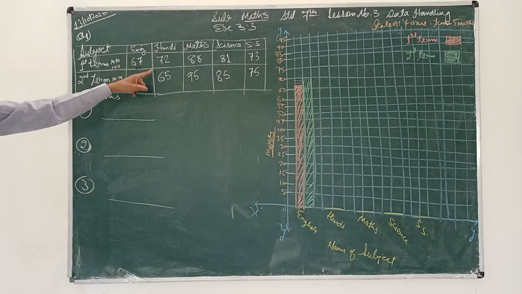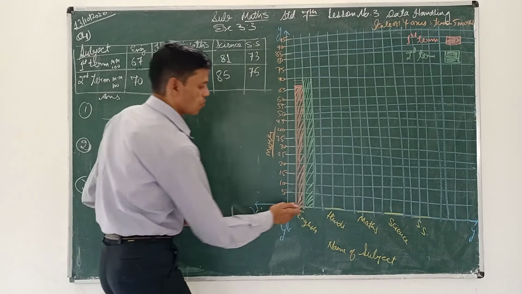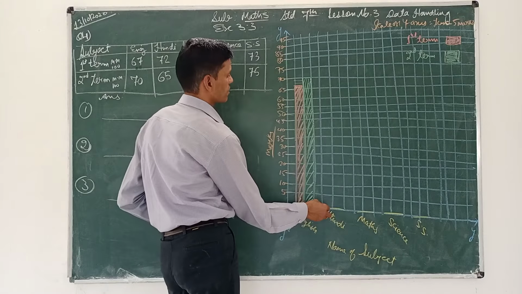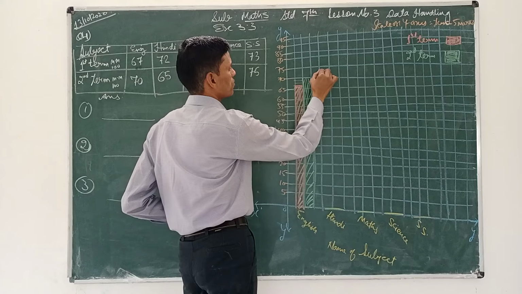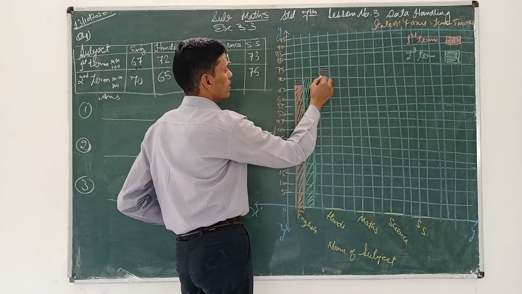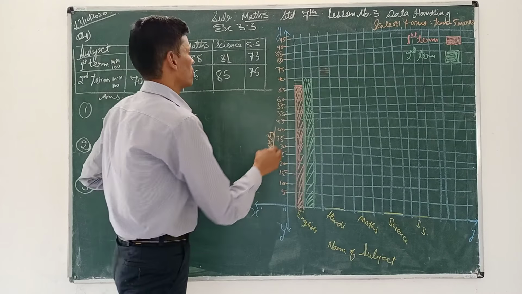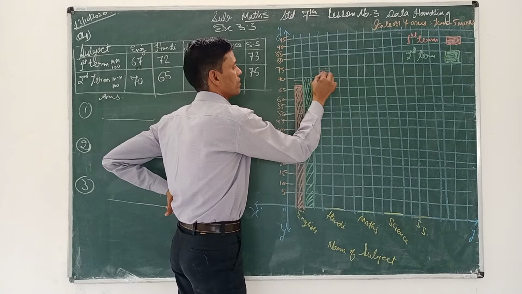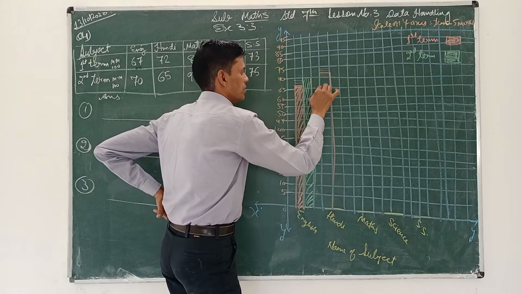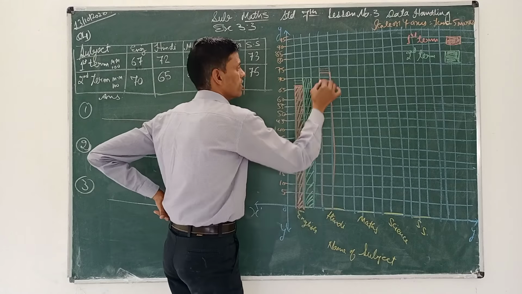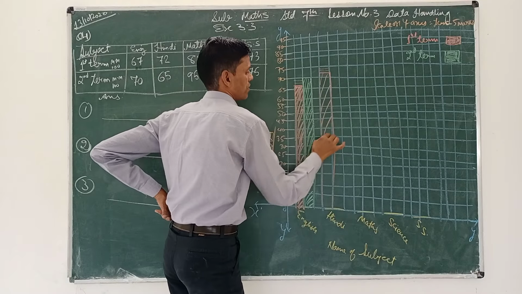Next one is Hindi. In Hindi first term, the student is getting 72 marks. We'll leave this box and do the first term. Where is 70? 65, 70, then 1, 2, 3, 4 and the fifth one is 75. The student is getting 72 marks, so 70, 71, 72, like this. Use a pencil and use the scale properly.